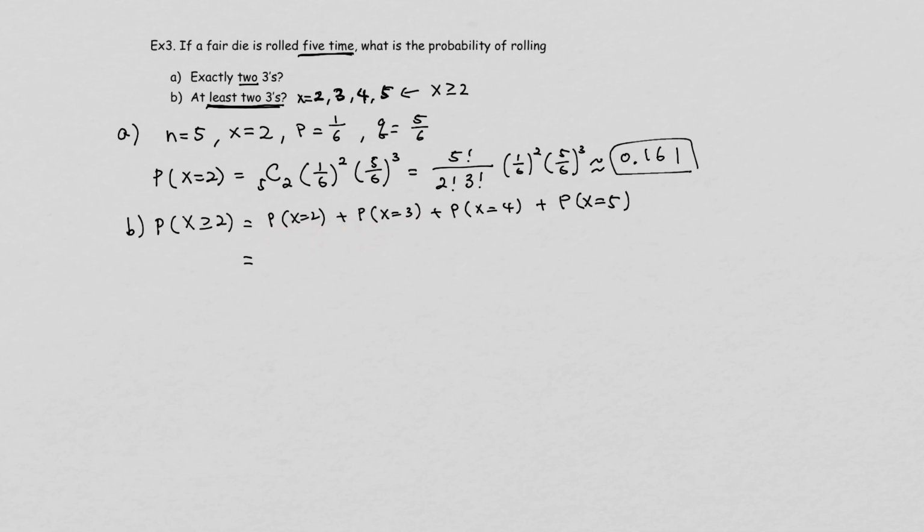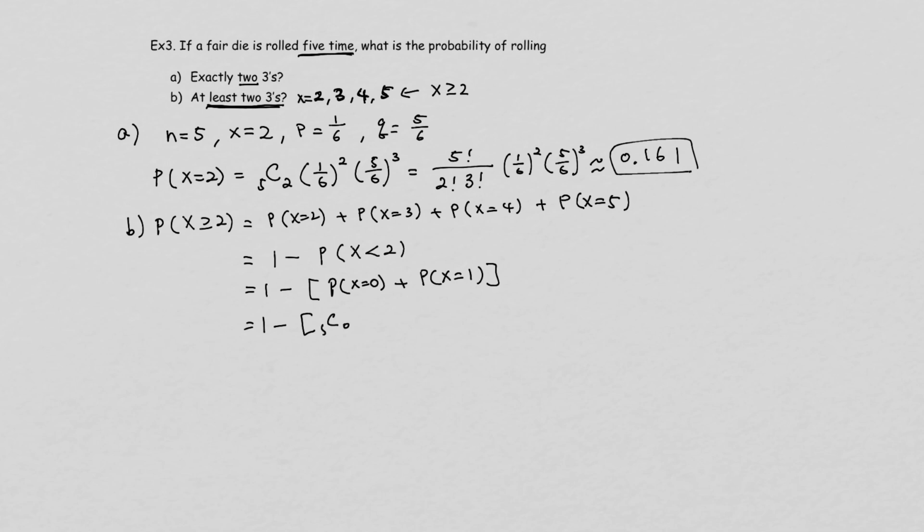And since doing 2 calculations instead of 4 is going to be faster, I'm going to say all this is equal to 1 minus the probability of x being smaller than 2, which is equal to the probability of x equals 0 plus the probability of x equals 1. Well, that's smaller, right?